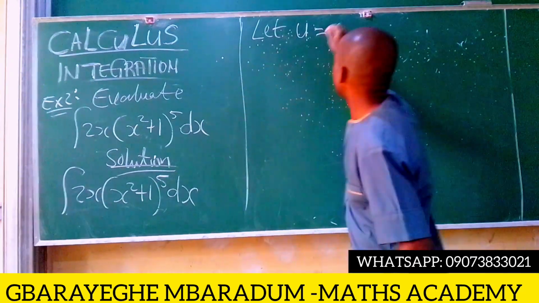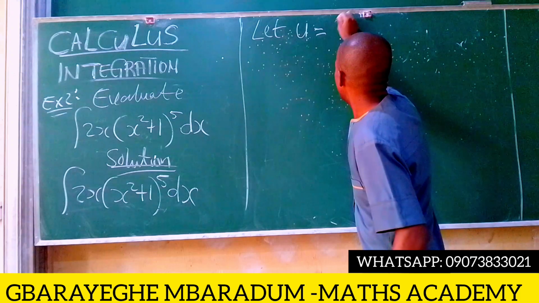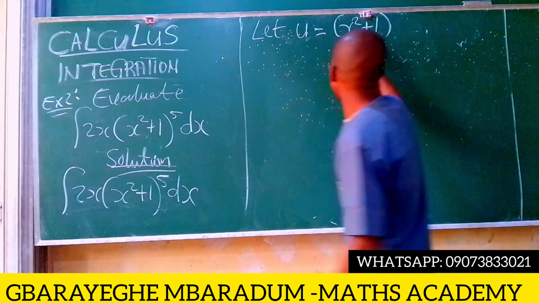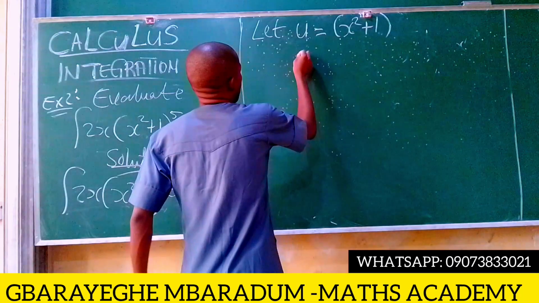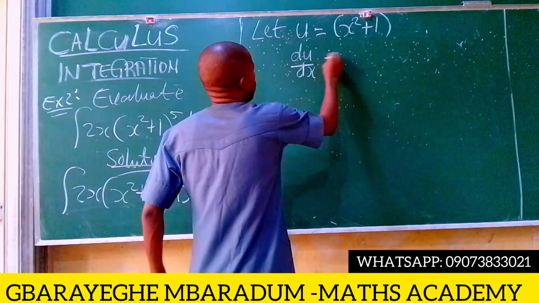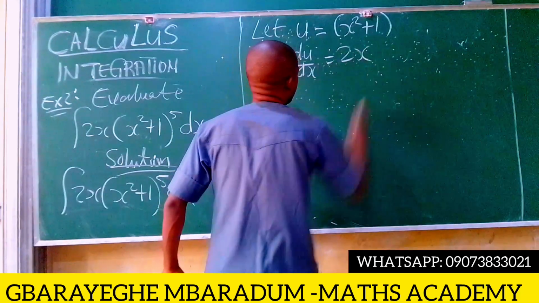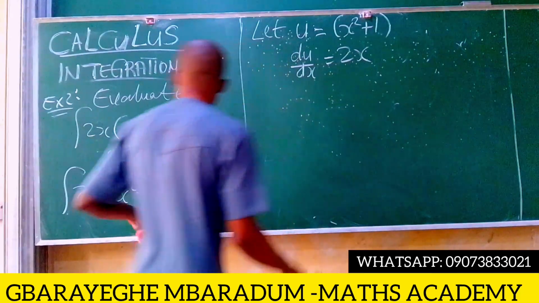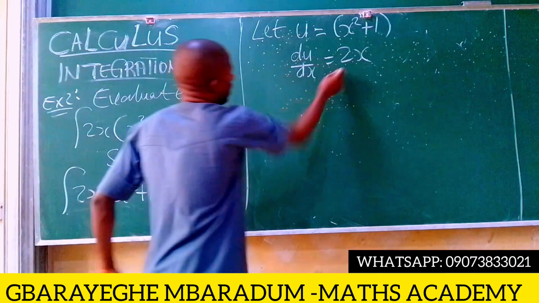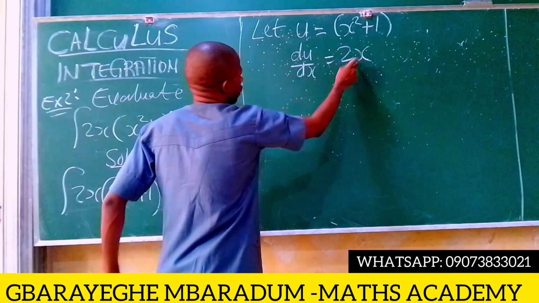So let's use u equals x squared plus 1. For us to differentiate this, we're going to have du over dx equals 2x, right? Now, the purpose of doing this is to find the value of our dx.